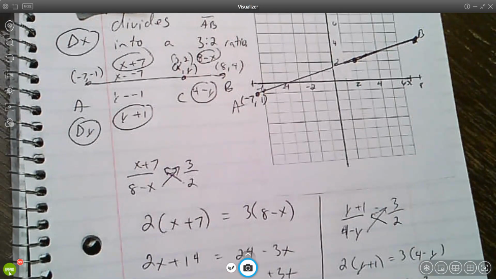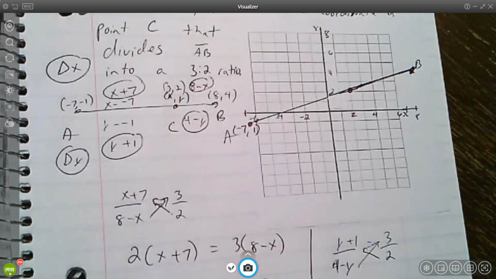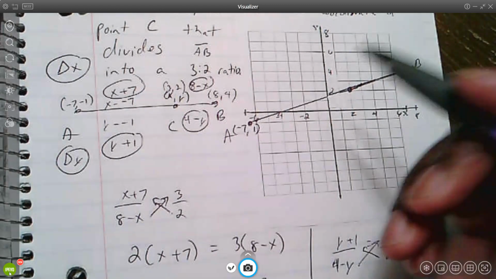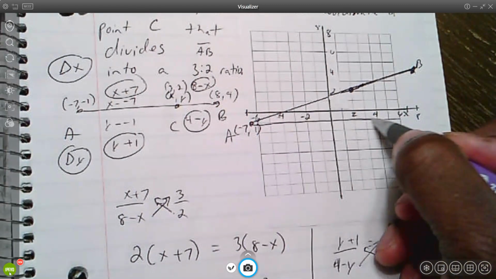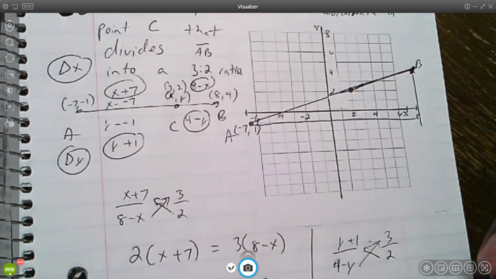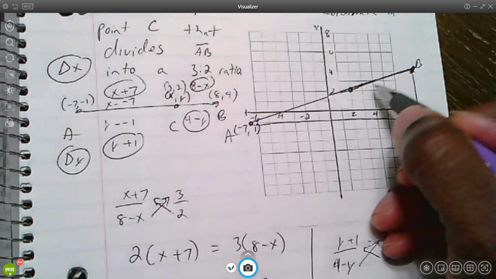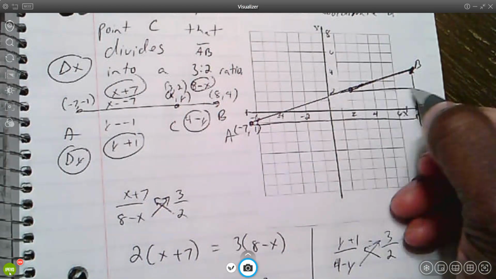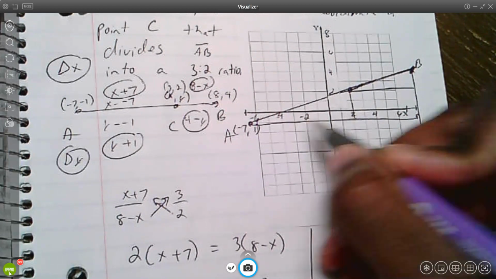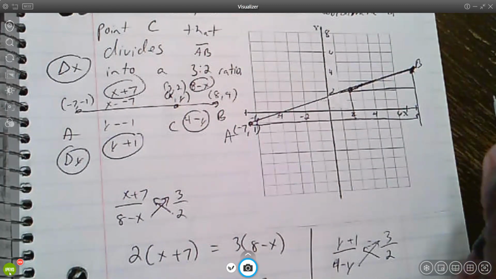All right, but the other aspect of it was, think about it just geometrically. If I made a triangle here, just to talk about these points, if I know this point C, I can kind of prove that's what it is. And it actually divides it into the ratio of 3 to 2.